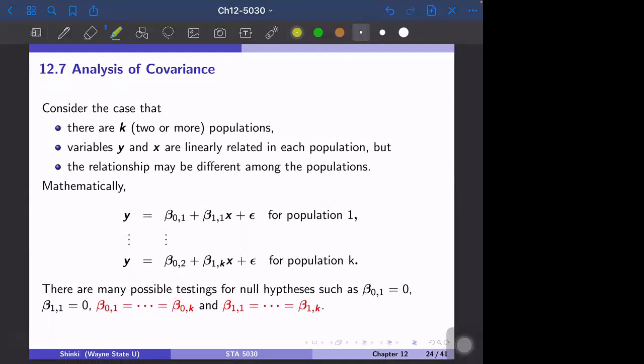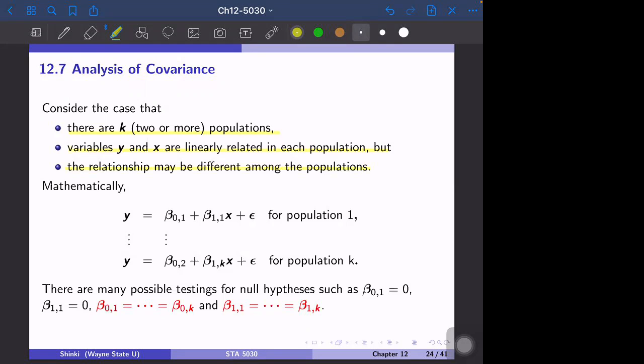So the setting is here. There are k, two or more, populations. For example, one control group, one group for treatment 1, and another group for treatment 2. The variables y and x are linearly related for each population, but the relationship may be different among populations.